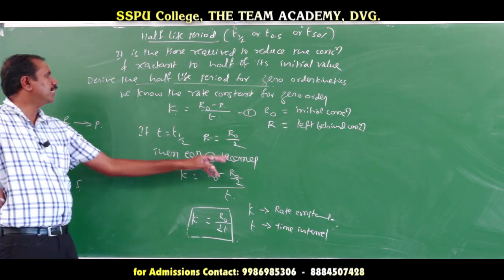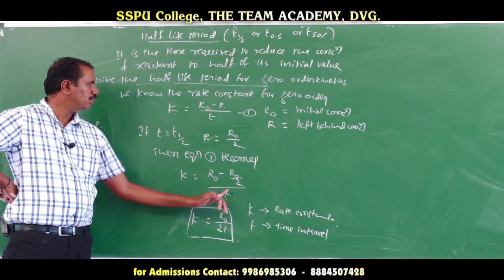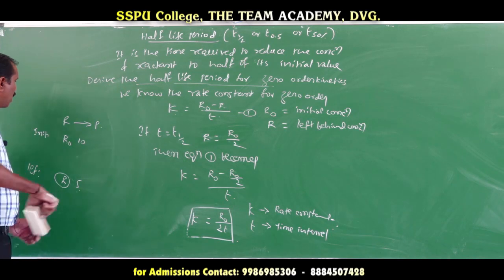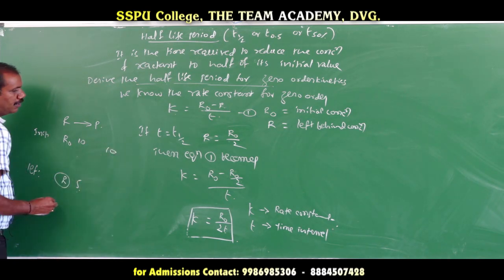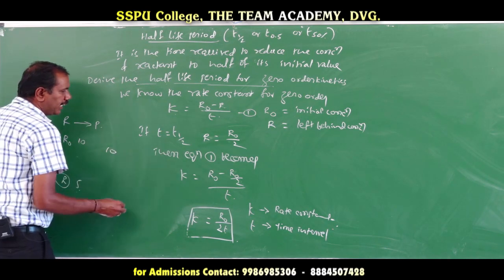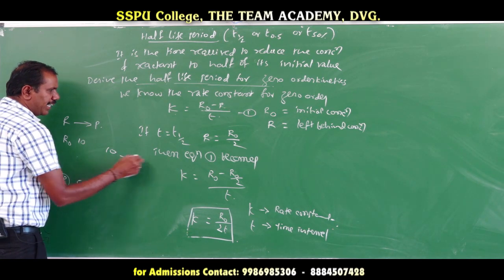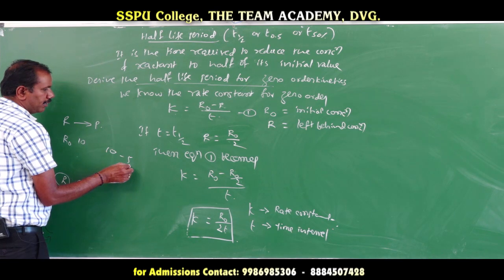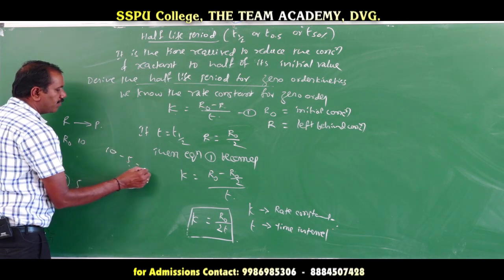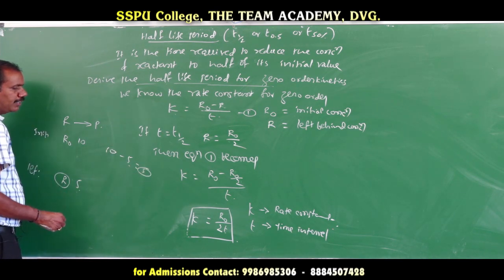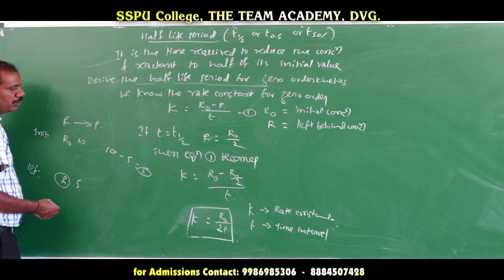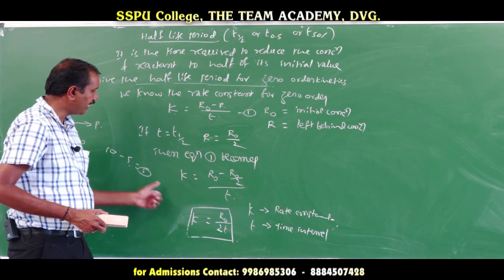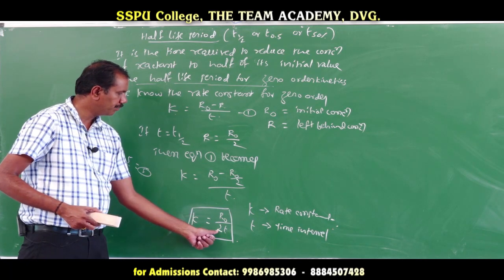Then equation 1 becomes R naught minus R naught by 2, divided by t. 10 minus 5 is 5, and 5 is nothing but R naught by 2.